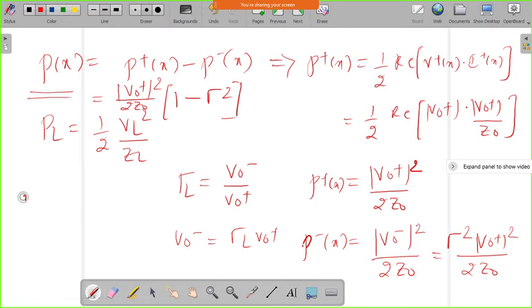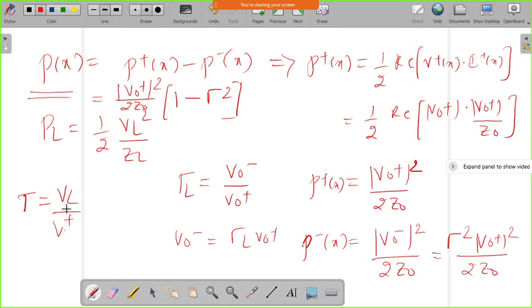From the definition, we know the transmission coefficient is nothing but VL by V plus. If I take the value at the load side, I get VL by V plus.